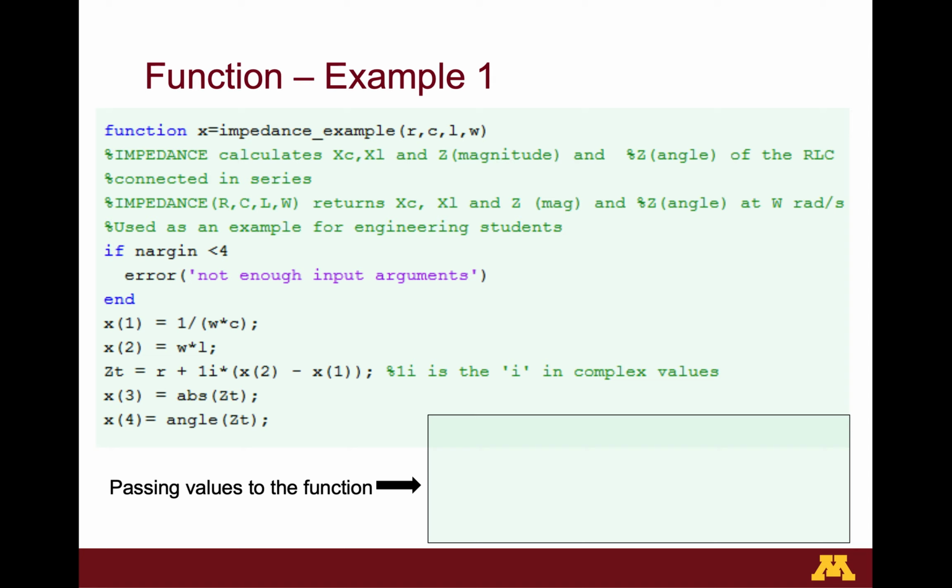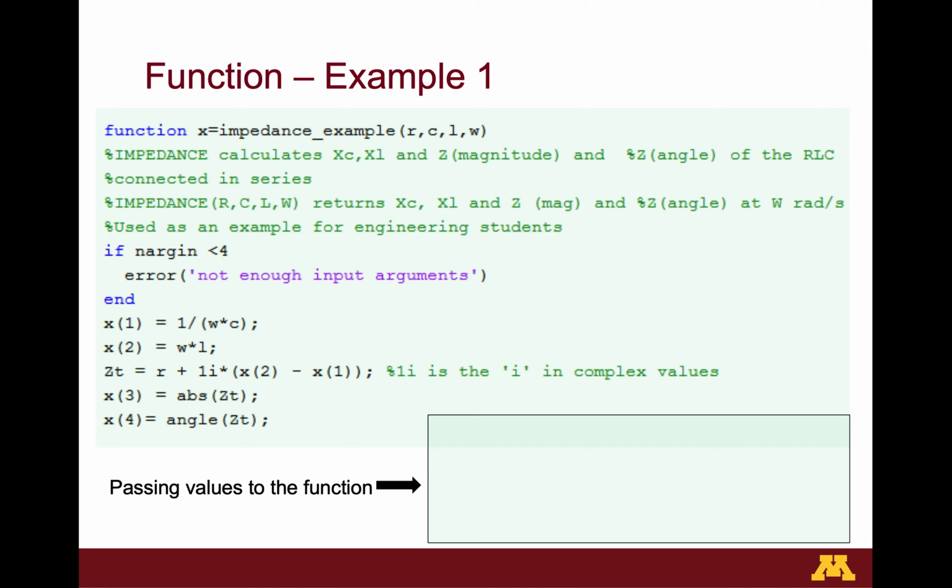So look at the function body. We can see that x1 can be solved by 1 over W times C. x2 is W times L. And here W is in fact omega. And Z equals R plus 1i times x2 minus x1.